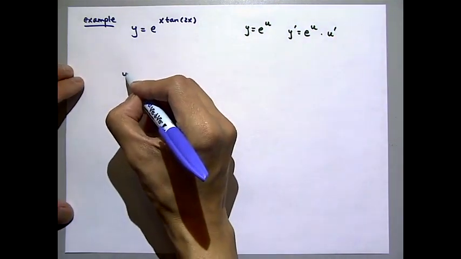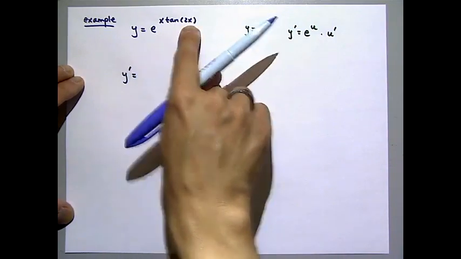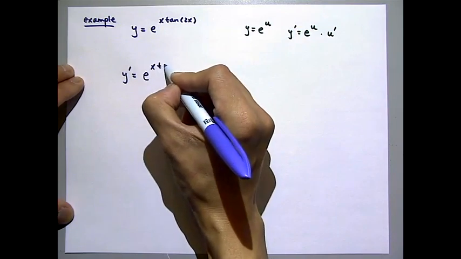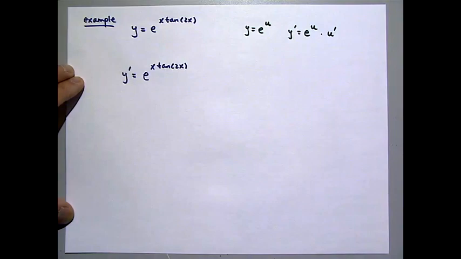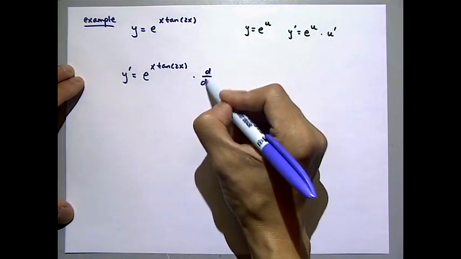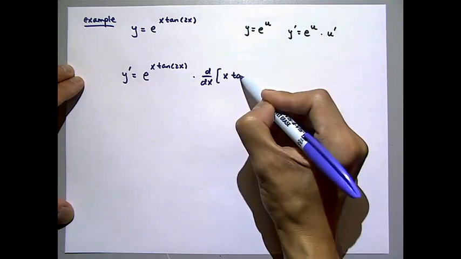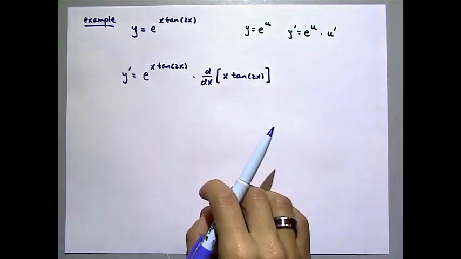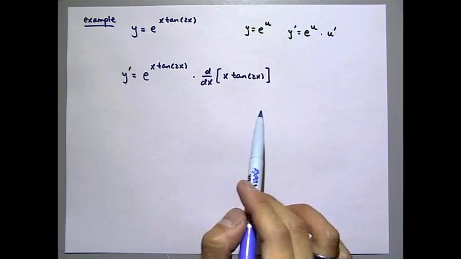So first step here, we would get the derivative of e to the u is e to the u again, times the derivative of the power this time. Right? That's e to the u, and that's du dx.